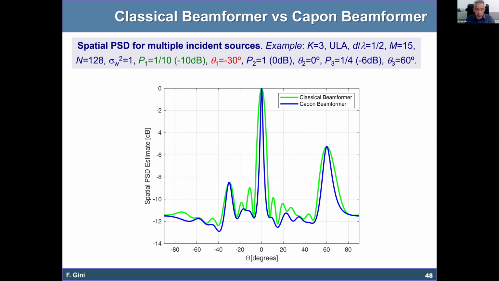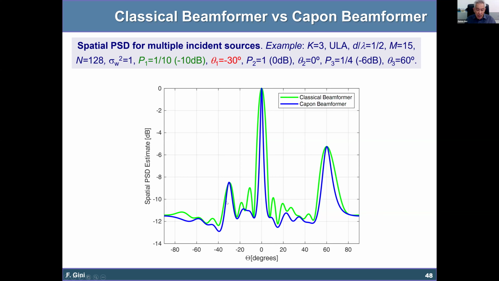Clearly, if the power of the two sources is different, you can also have the masking effect. So for example, if the power of the first source, even if it is well spaced, is much lower than the power of the second, 10 dB lower, you can see that the first peak is less pronounced.